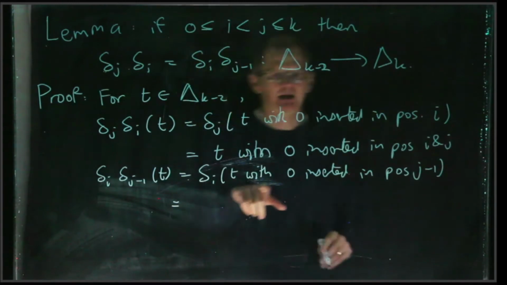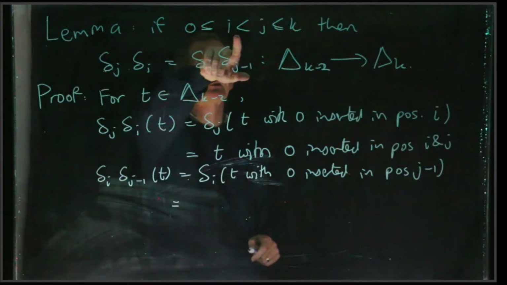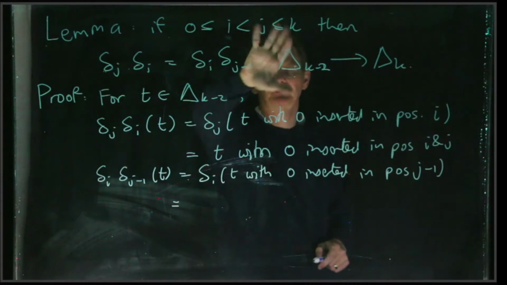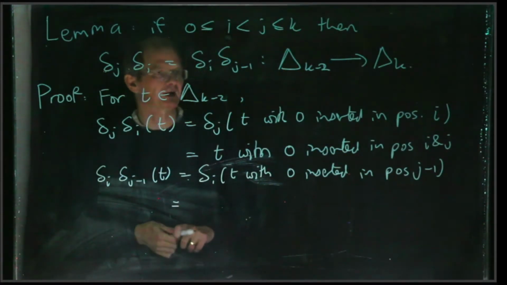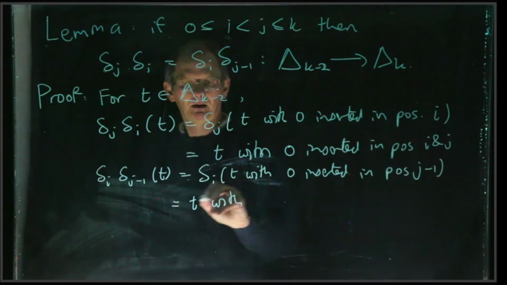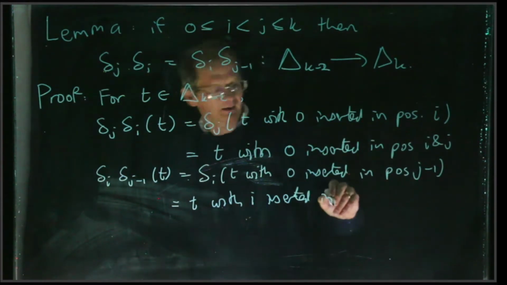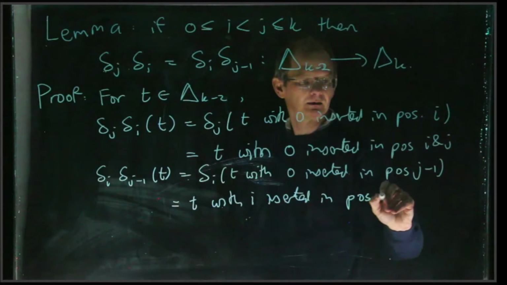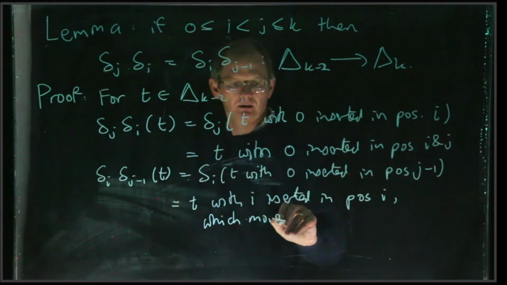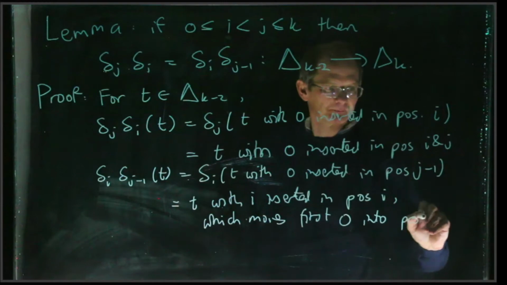Okay, but what happens here? You've got this 0 in position j minus 1, and I is less than or equal to j minus 1. So position I is to the left of position j minus 1, or maybe equal to position j minus 1. So this is t with 0 in position I, which moves the first 0 into position j, right?